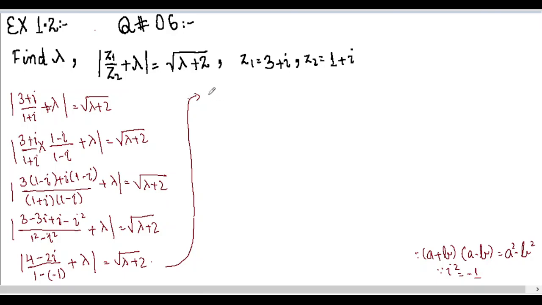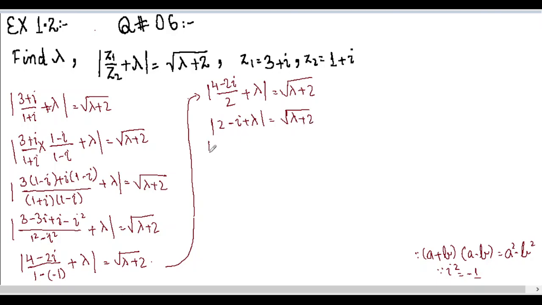So we get 4 minus 2 iota whole divided by 1 minus into minus becomes plus, and 1 plus 1 brings us 2, plus lambda in modulus equals square root of lambda plus 2. Now we divide both of these terms by 2, so we get 2 minus iota plus lambda equals square root of lambda plus 2.